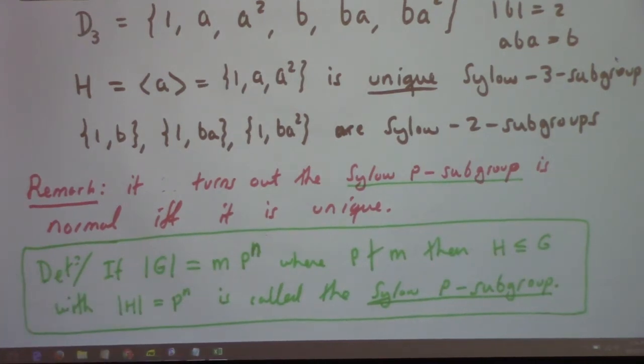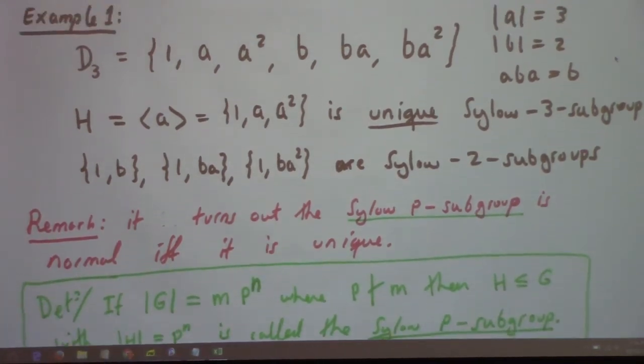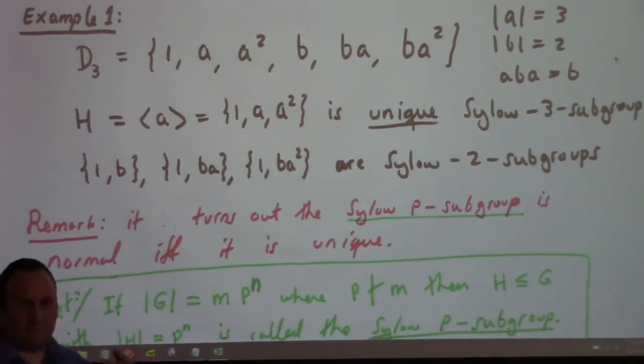In fact, if you look right above, here's an example. In D3, we have two kinds of subgroups. Well, four, I guess, but two of them are boring: 1 and D3 itself. Anyway, H, this guy, is the unique Sylow 3 subgroup.